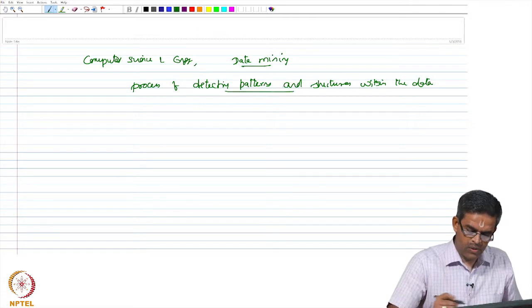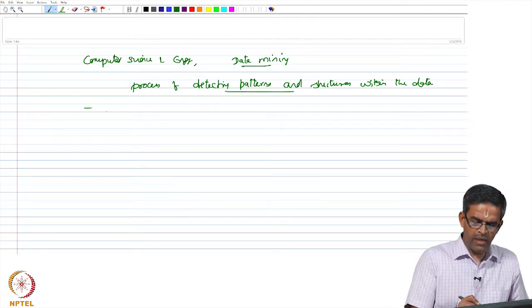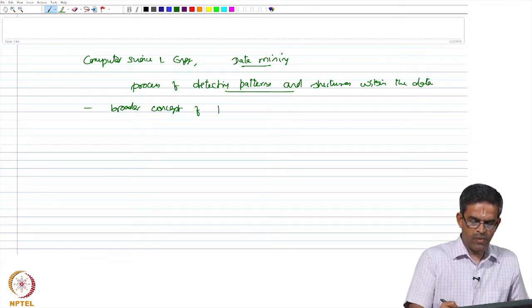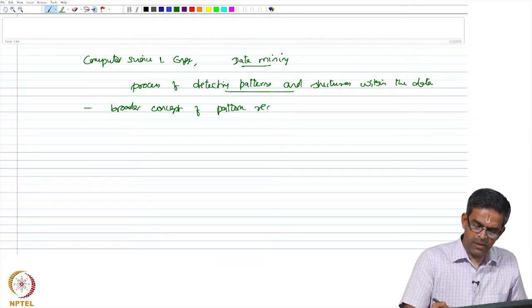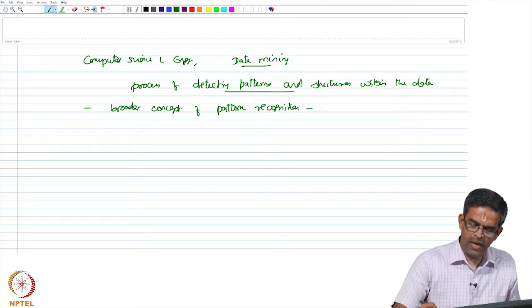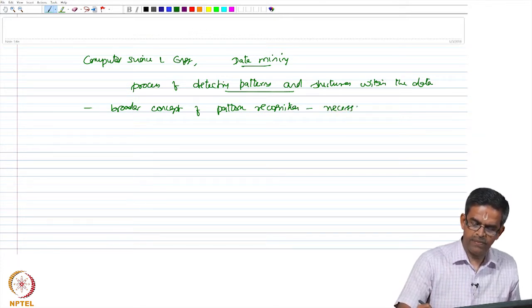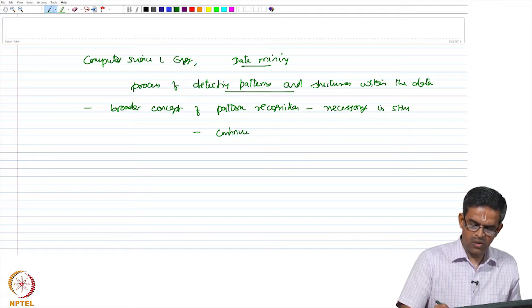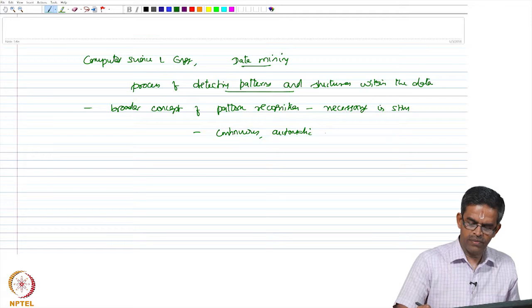Okay. So, essentially data mining is a broader concept of outfitting pattern recognition, which is very highly necessary in structural health monitoring. Essentially, when you use continuous automatic systems.